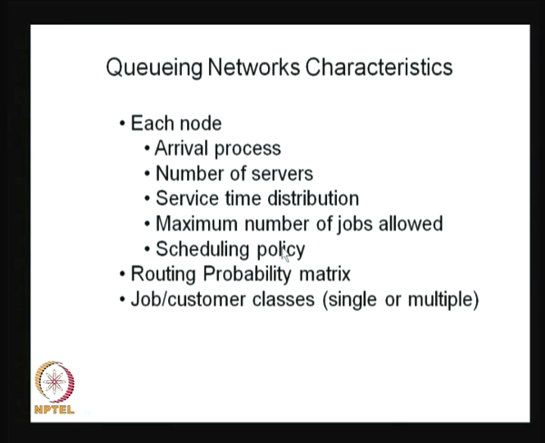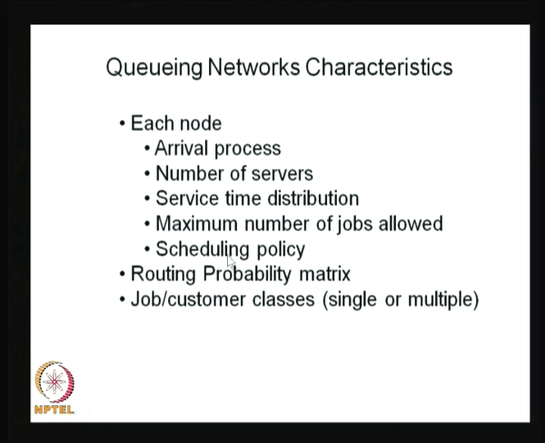What is the scheduling policy? In what order are the customers served in each queue? The scheduling policy could be first come first served, last come first served, priority based, or random order. So, we should know the scheduling policy for each node.